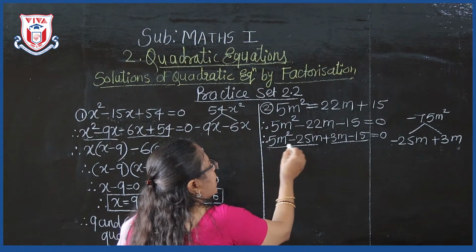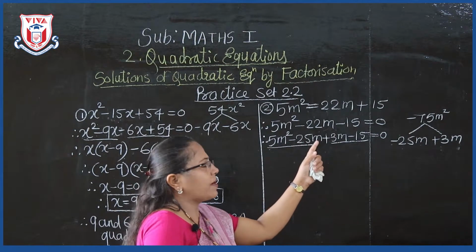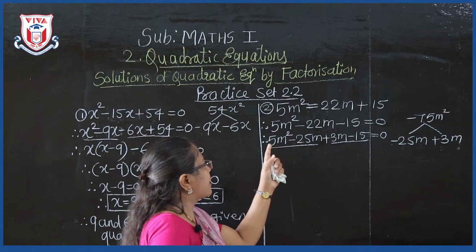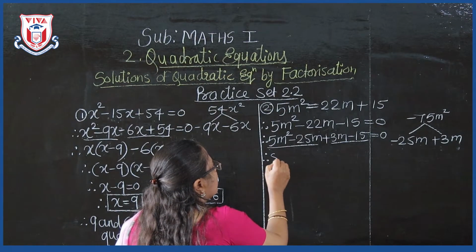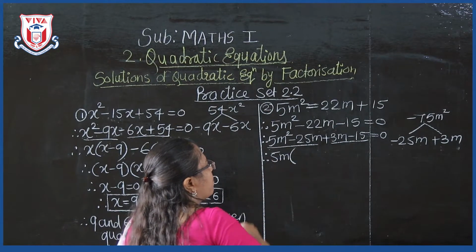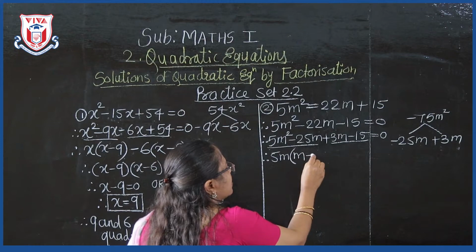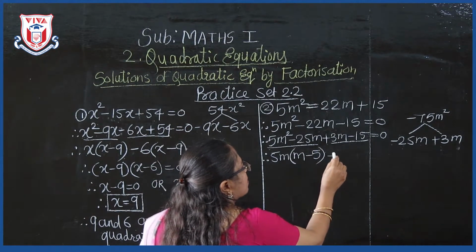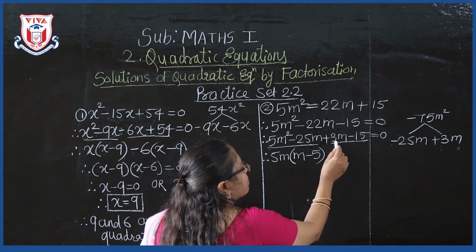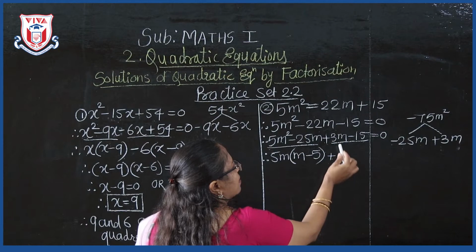Now in the first binomial, 5m square minus 25m, the common factor is 5m. Therefore 5m is the common factor. So in the bracket here you will get m minus 5, plus, because the second binomial has first term plus 3m. So here we will write the plus sign.